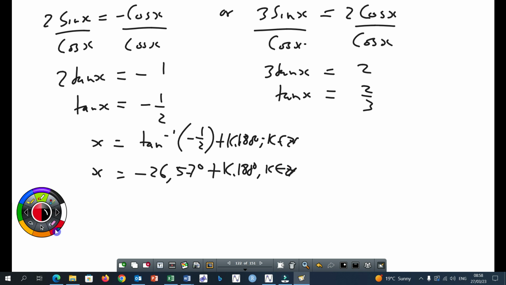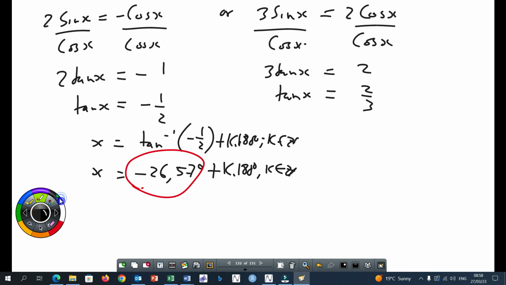Listen carefully. If anybody tells you that you must convert this angle here to a positive, that's not correct. This is your reference angle. This is your solution. The k times 180 caters for all the solutions, including the ones that are positive.